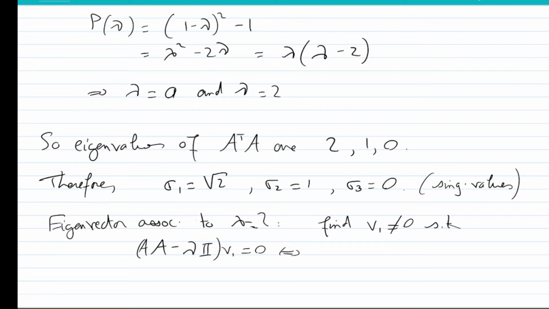This is equivalent to saying that, so I should say A transpose A. I'm computing the eigenvectors of A transpose A. I'm so used to writing a V. Okay, so that matrix is 1, 1, 0, 1, 1, 0, 0, 0, 1. And let's put parentheses here. Minus lambda is 2 here, 2 times the identity.